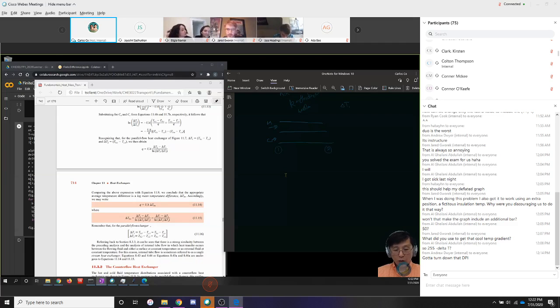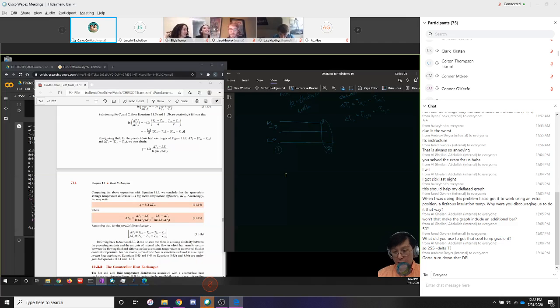Your delta T at 1 will be the temperature of your hot stream inlet minus the temperature of your cold stream inlet. The delta T at the other side here will be equal to the temperature of the hot stream outlet minus the temperature of the cold stream outlet. So this would be the case of co-current or parallel flow.